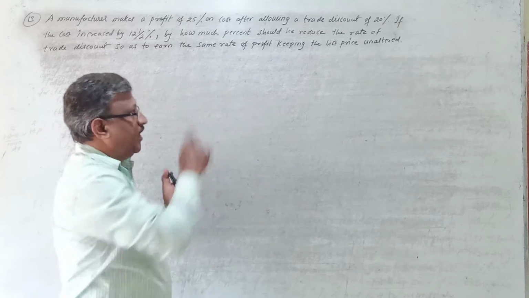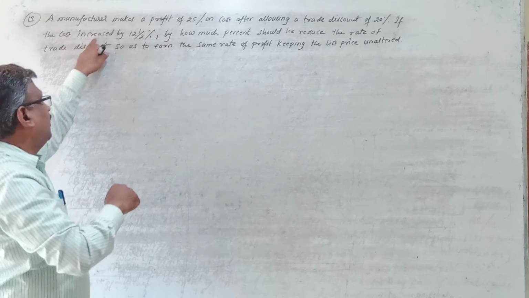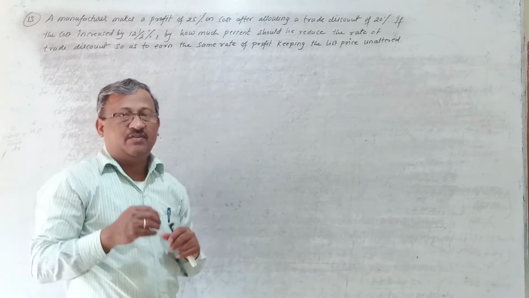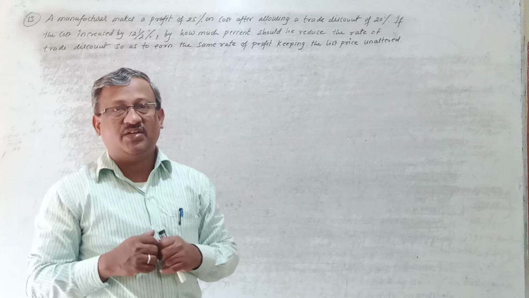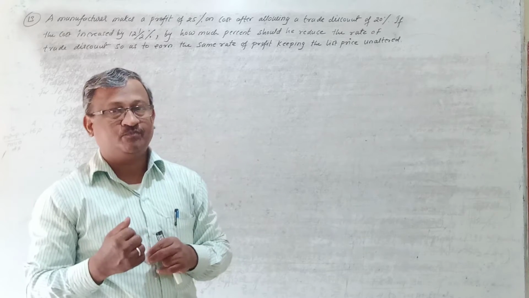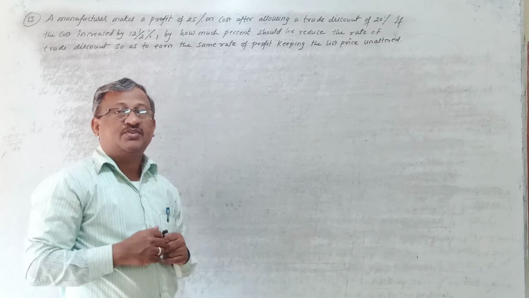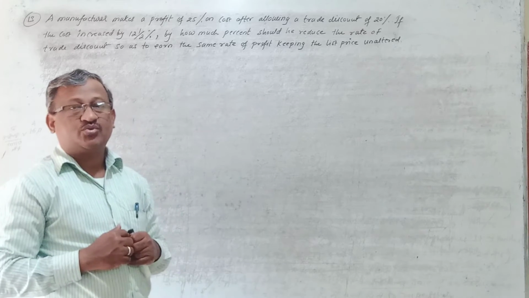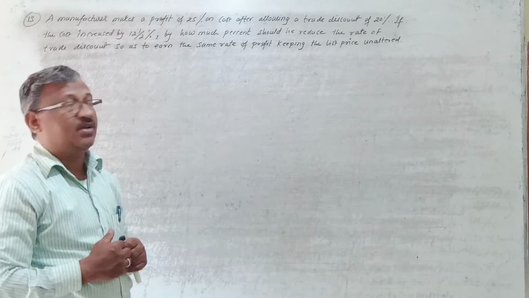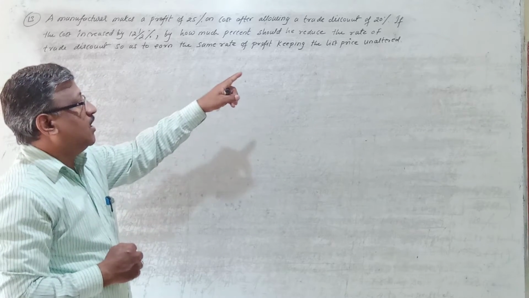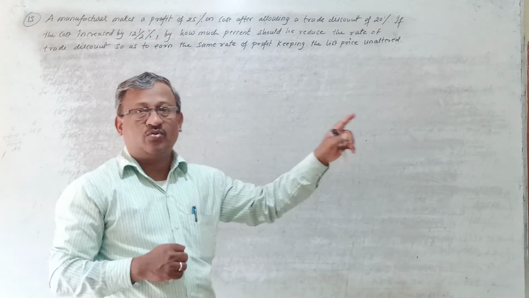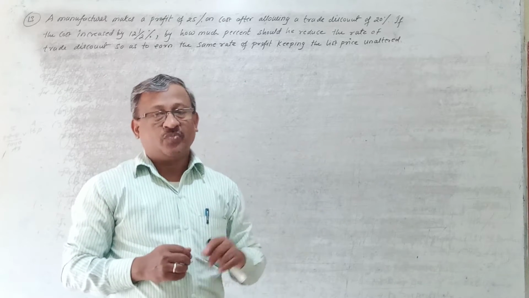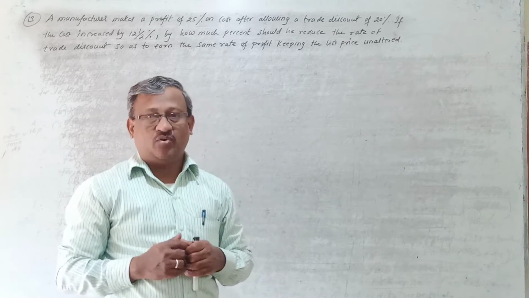Further, if the manufacturer's cost is increased by 12.5%, by how much percent does he have to reduce the rate of trade discount so as to earn the same rate of profit, keeping the list price unchanged? He should not change the list price. He is going to keep his list price the same.